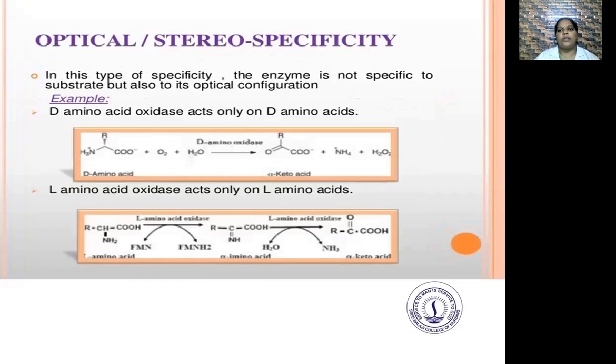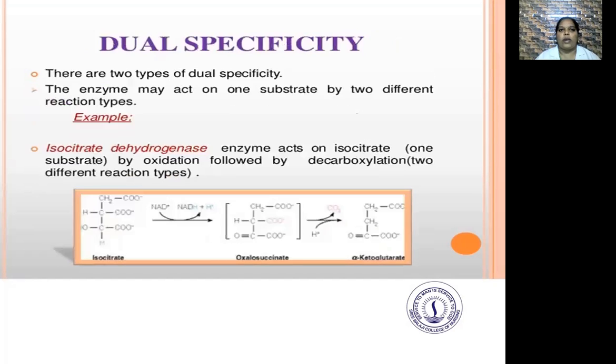Optical stereo specificity. In this type of specificity, the enzyme is specific not only to the substrate but also to its optical configuration. Example: D-amino acid oxidase acts only on D-amino acids. L-amino acid oxidase acts only on L-amino acids.